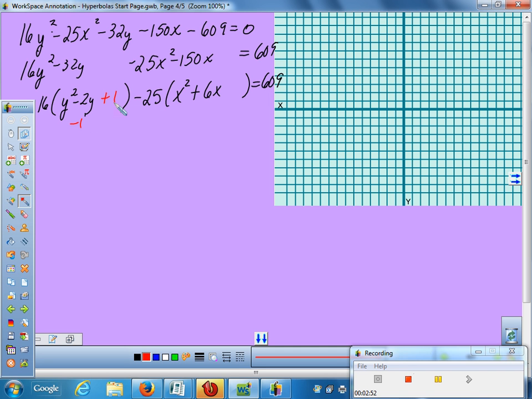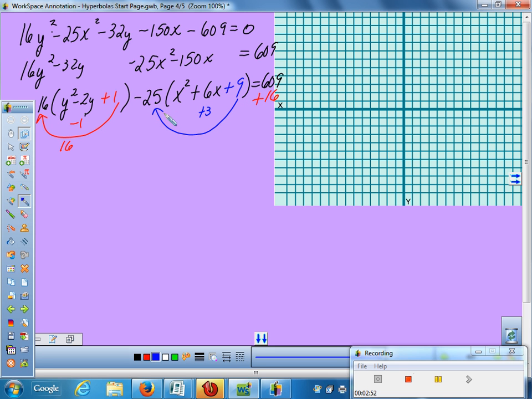Square is 1. Okay, and then the other place where we make a mistake on these is to multiply by that 16 out front, because it's in the parentheses. So 1 times 16 is 16. And I would add 16. And then what's half of 6? 3, and 3 squared will be 9.